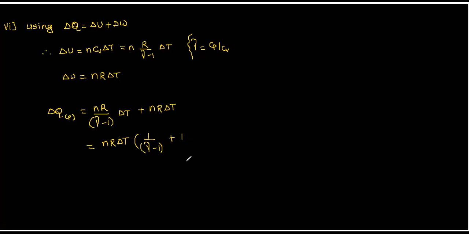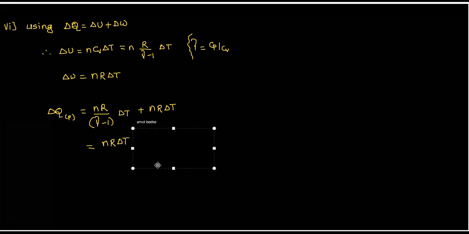Shall I write again? Did you understand? Wait, again I am writing. So you see here, n R delta T I have taken common. What is left? 1 by gamma minus 1, and here it is plus 1.